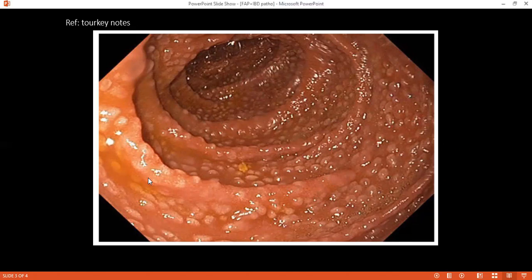What is this yellowish stain in here as well? It's just intestinal content, ma'am. And what is this glistening? Ma'am, these are the haustrations, mucosal folds. No, have a look closely.